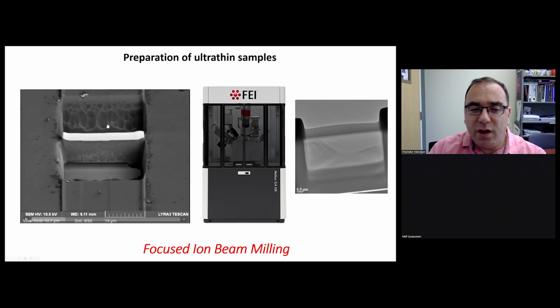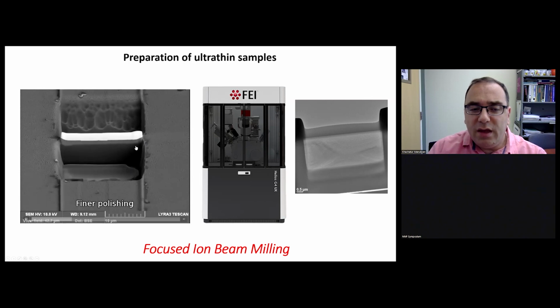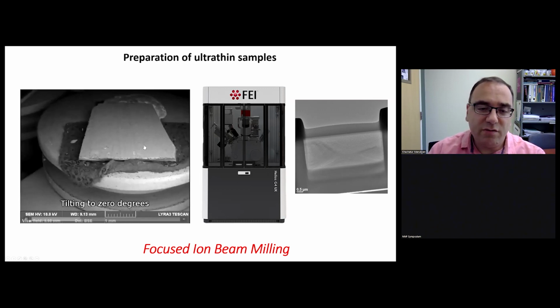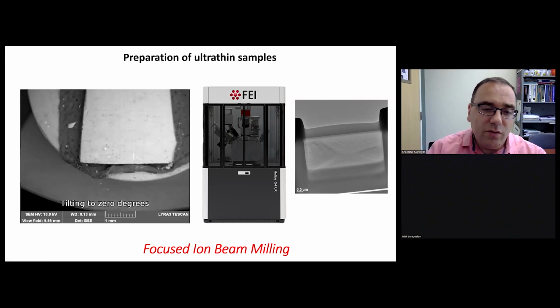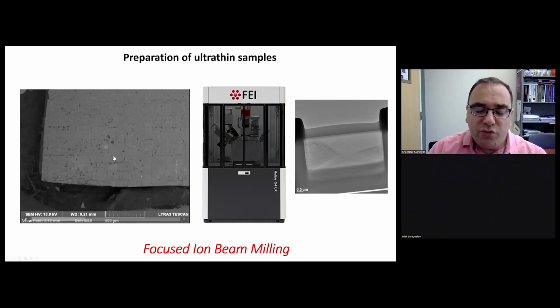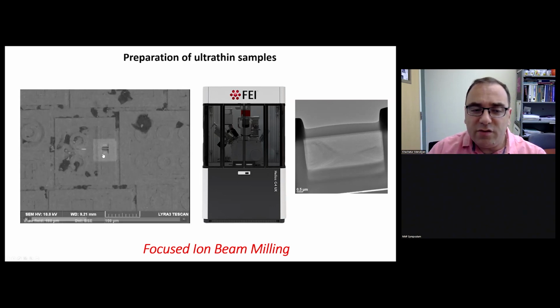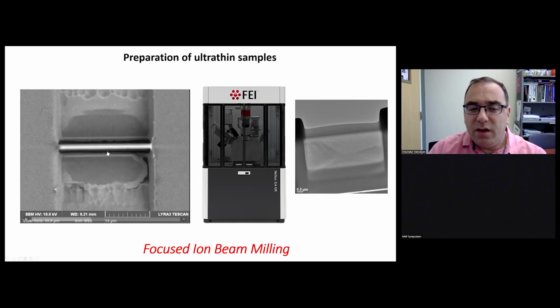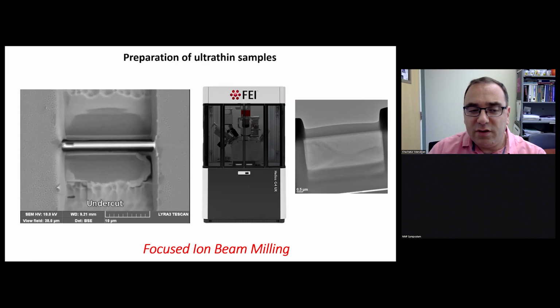We can remove some areas and then make this wall. And eventually this is done under the microscope. This process takes 4 hours to do, but this is a much faster version of it. So then the idea is to take this very small piece out of that larger sample and then to analyze it with different devices.